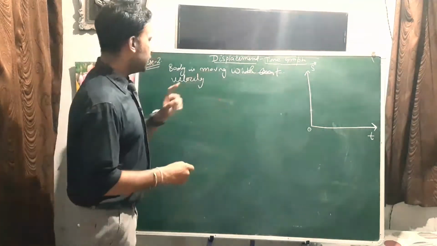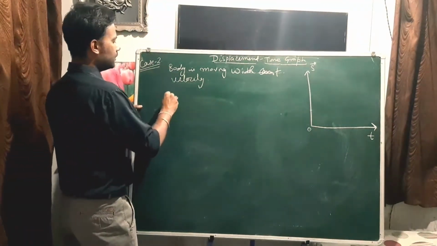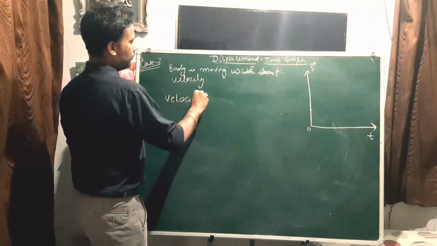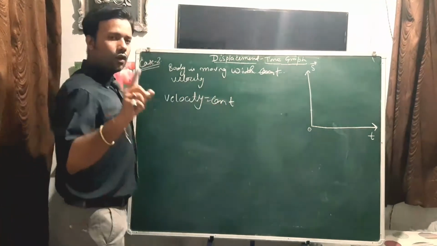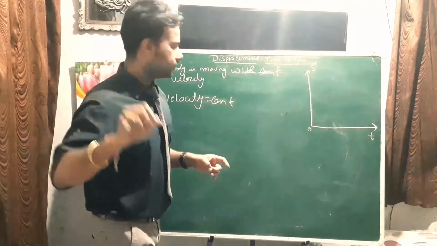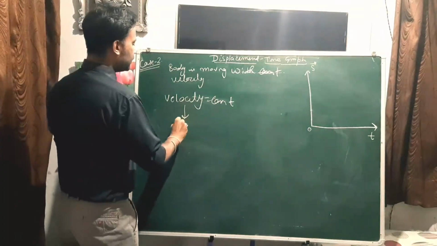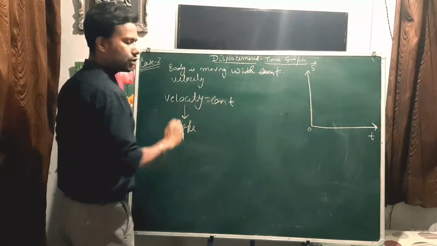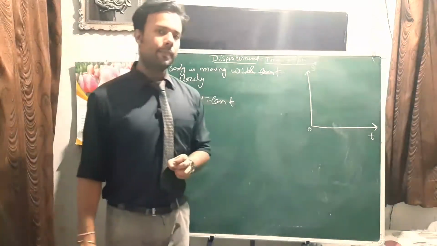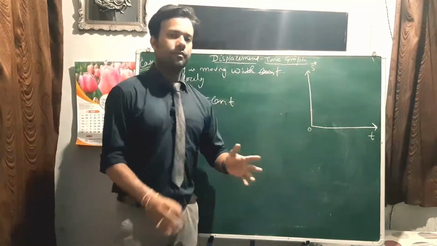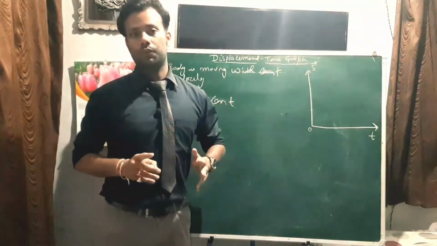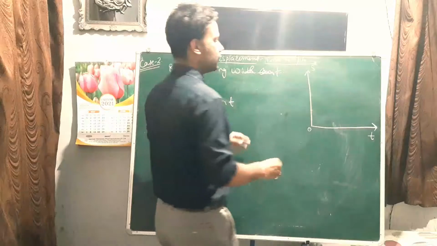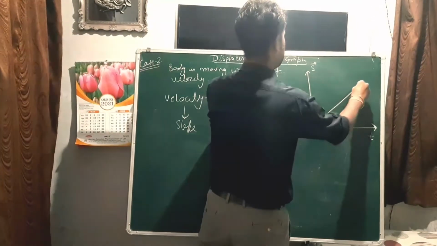So here in this case we know that velocity is constant, and velocity represents what? It represents slope. That means the graph must be one in which we have a constant slope which is not changing. So it will be like this.